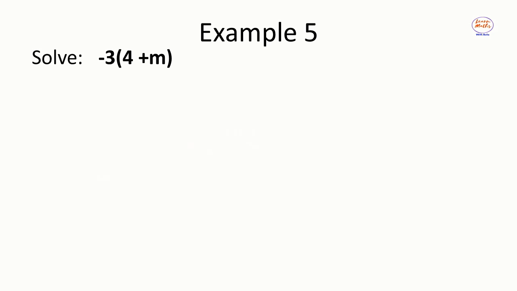Now example 5, something different. Our minus 3 is carrying the minus while we don't have any subtraction in the bracket. So at this point, I tell my students, be calm, don't be confused. It's still the same thing with everything we have been doing from the beginning of this video. So let's solve this.